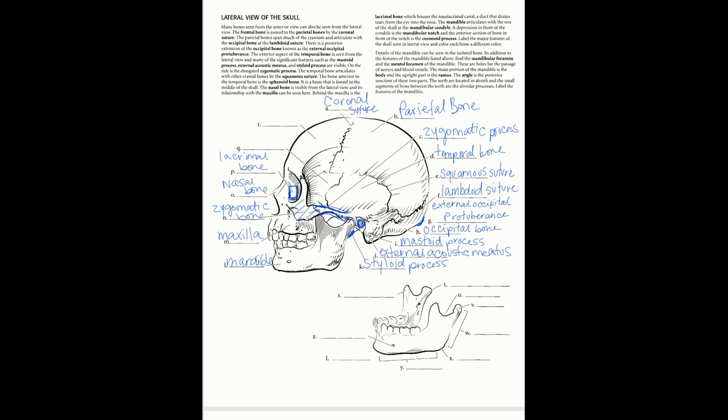The lacrimal bone is actually running next to the nasolacrimal duct. So if you think about that, the lacrimal duct is your tear duct. So right where your tear ducts are is where you can palpate your lacrimal bone.